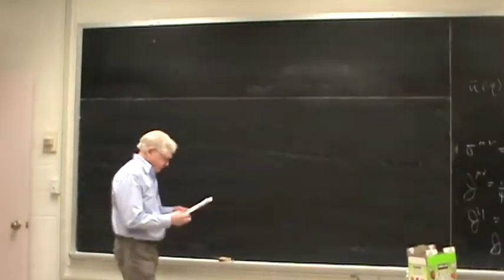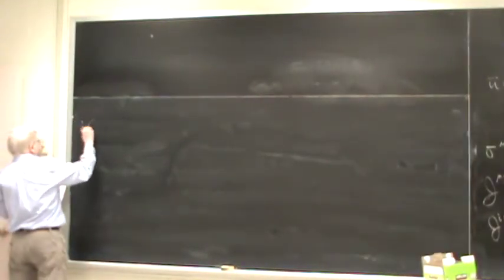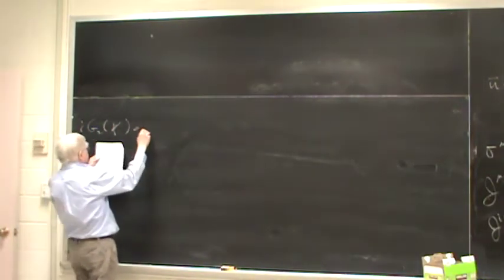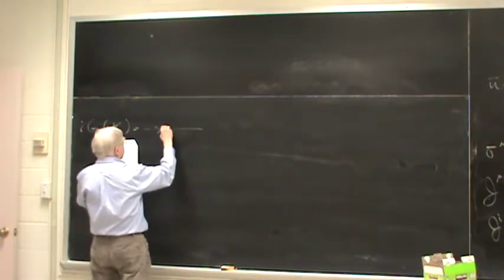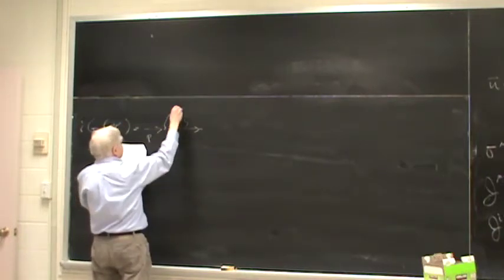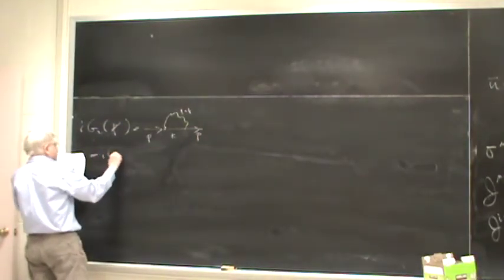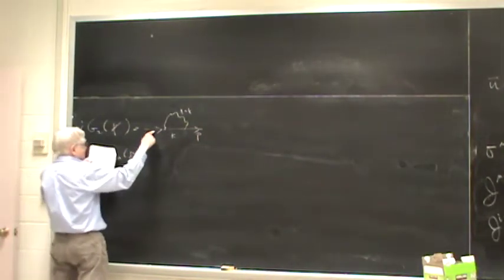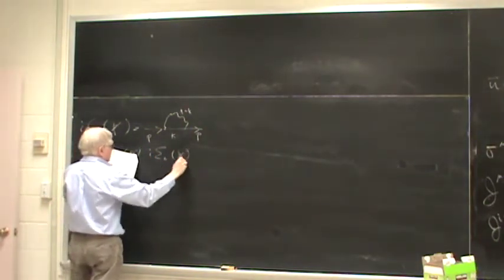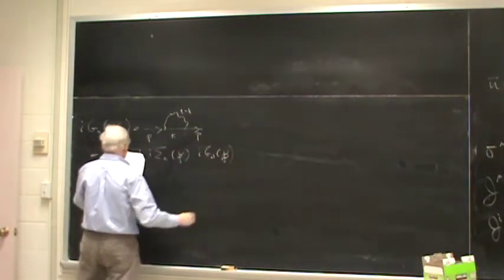Namely that diagram, the next order calculation is iG2, with momenta p, k, p minus k, p, and this turns out to be iG0(p slash), that's this term, times what one calls i sigma 2(p slash), and then iG0(p slash).